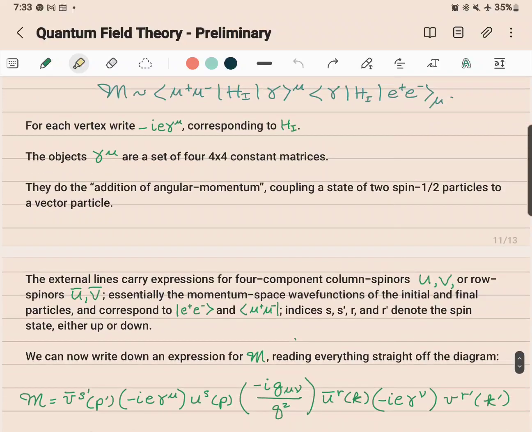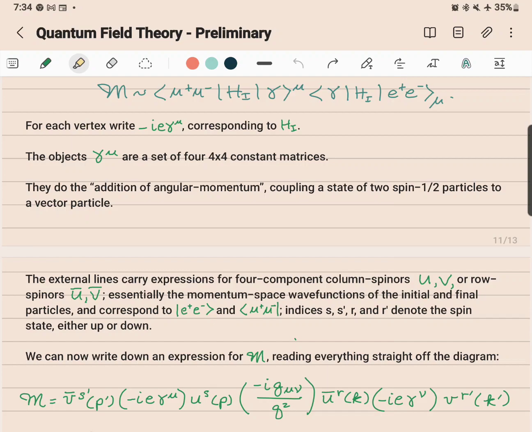The external lines carry expressions for 4-momentum: column spinors U, V, or row spinors U bar, V bar. Essentially, the momentum space wave functions of the initial and final particles, and they correspond to the e plus, e minus and the mu plus, mu minus.